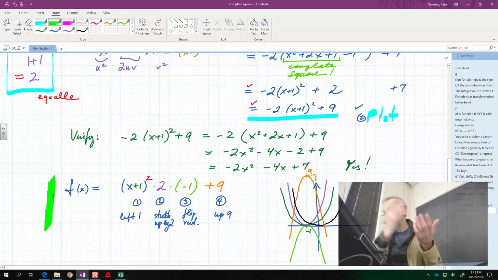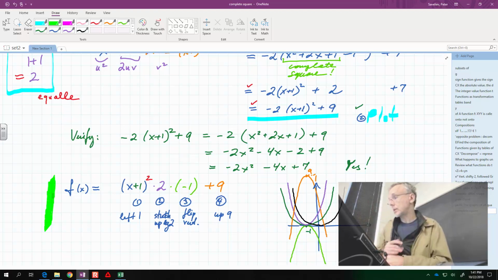Take the xy plane, shift it left one, then stretch vertically, then flip, and then lift it up by 9. So it's like another function, but this time a function that is not with numbers but with the plane. So transforming a plane, what we talked about previously, is what we're facing here.